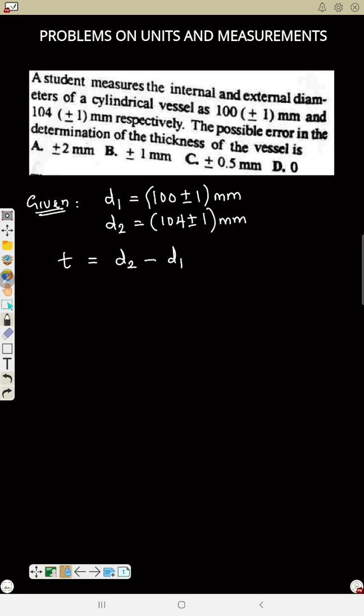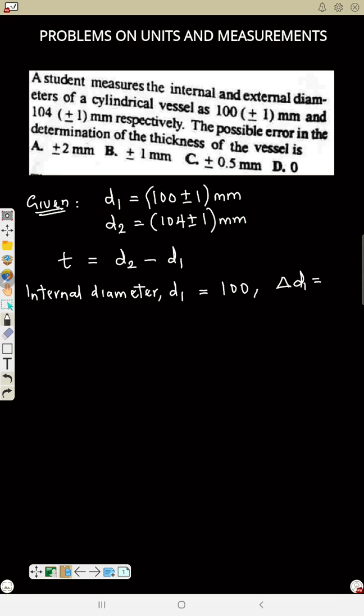So now in this case, for the internal diameter D1, the true D, which is the first one here, is the true diameter. That means that is 100. The second one is the change in D1, which is plus or minus 1.